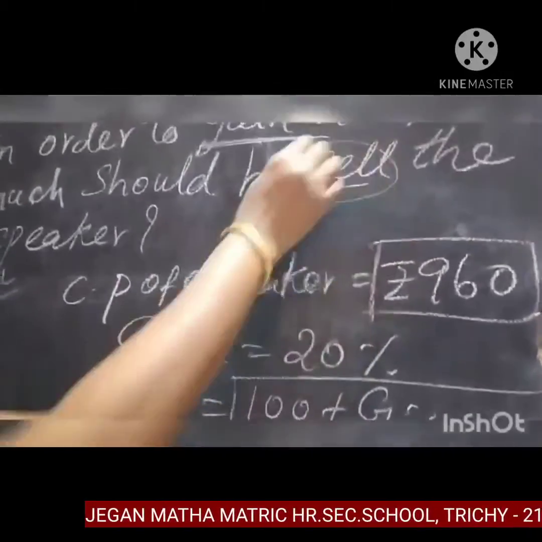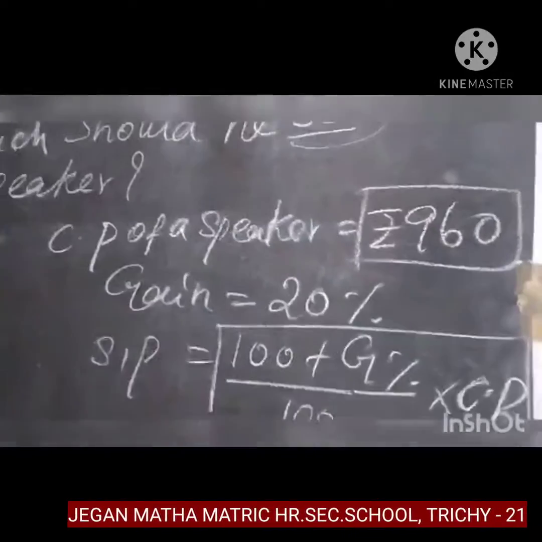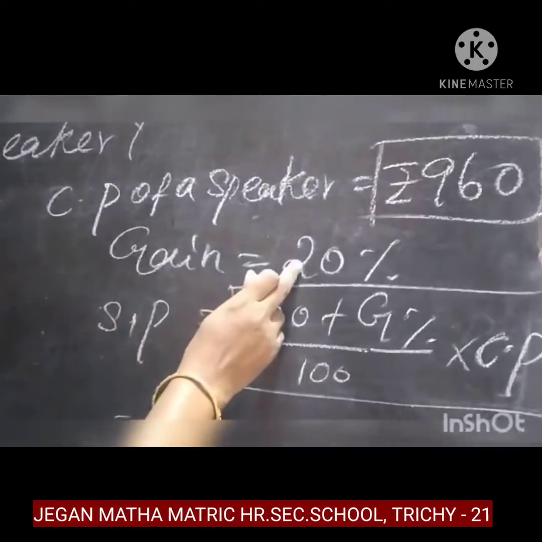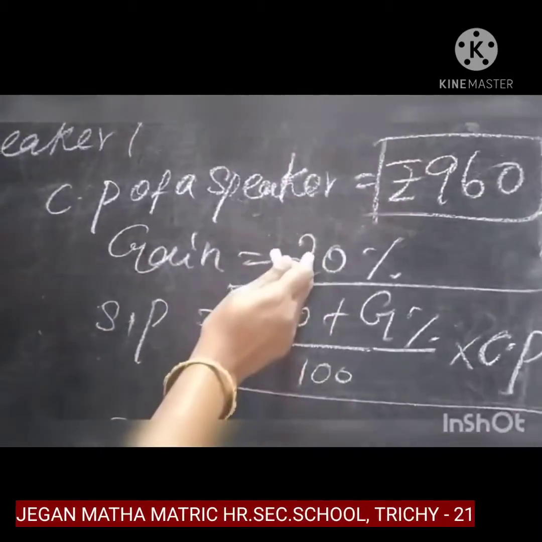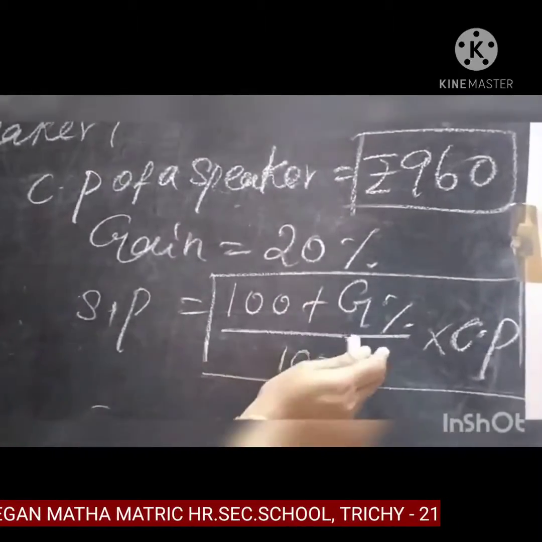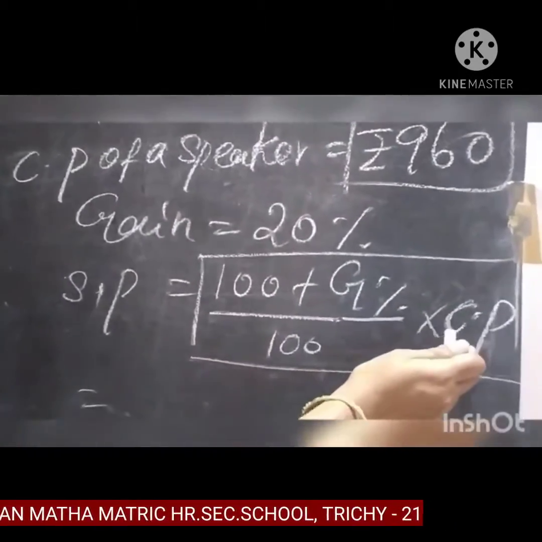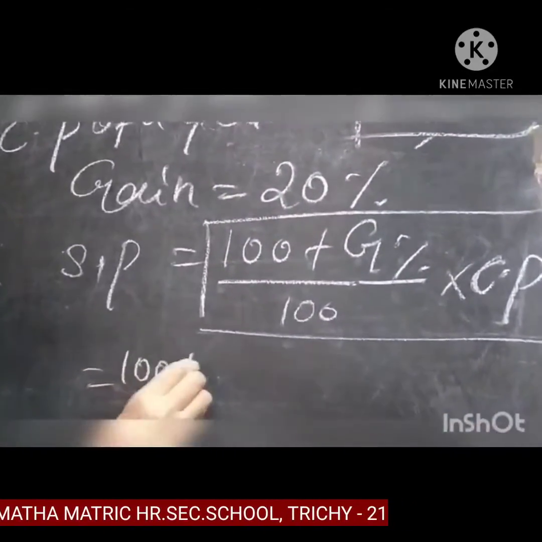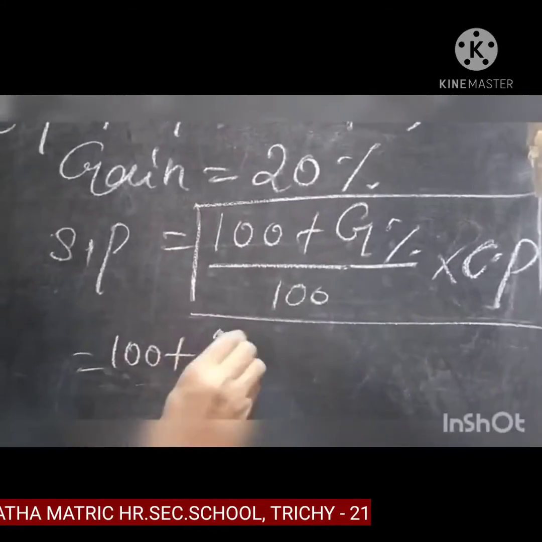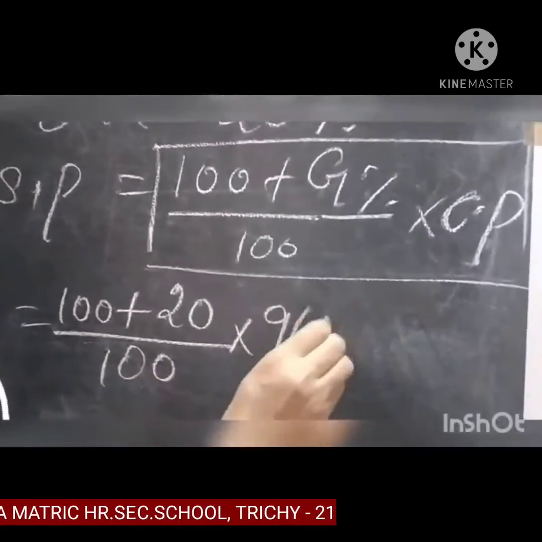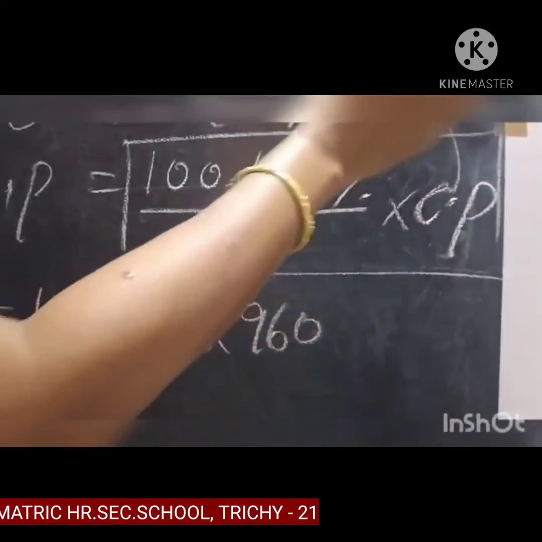So you find the selling price by using the formula for finding SP when gain is given: 100 plus gain percentage divided by 100 into CP. CP is here 960. So 100 plus gain percentage 20, divided by 100, into 960, the cost price of the speaker.